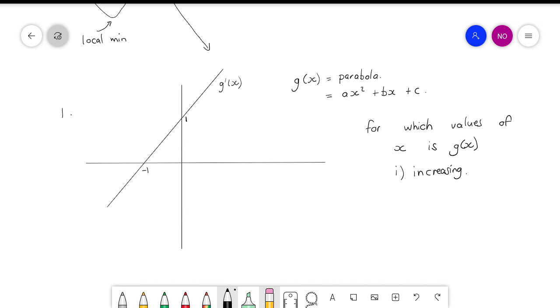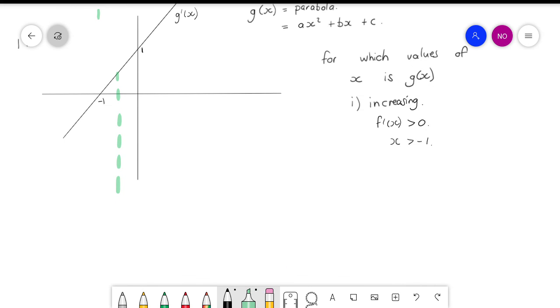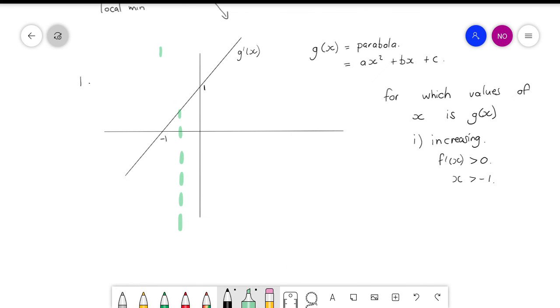For ascending, we are looking for that bigger than 0. Stem julle saam? So waar is my reguit lyn positief vir watter waardes van x? Stem julle almal saam, ons gaan werk rondom hierdie waarde. Okay. Goed. Okay.